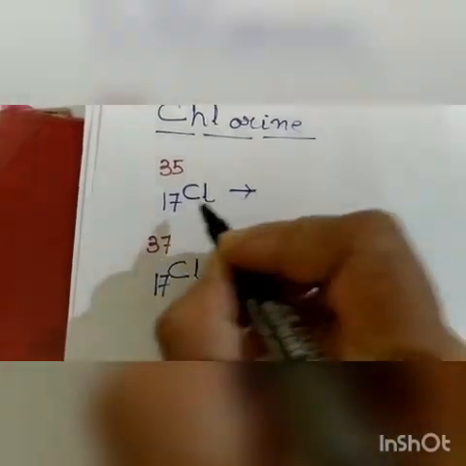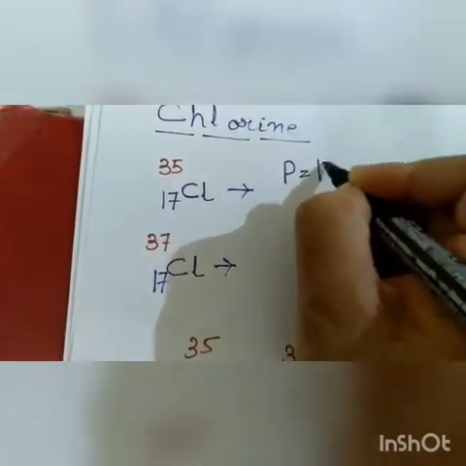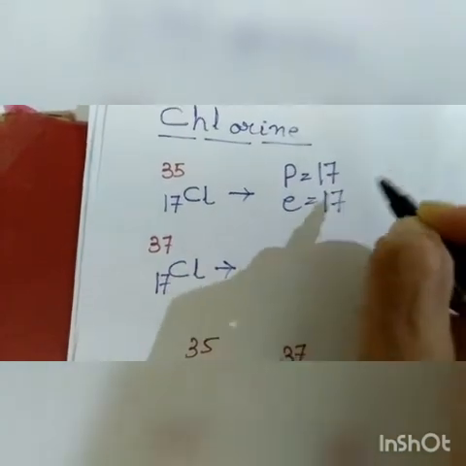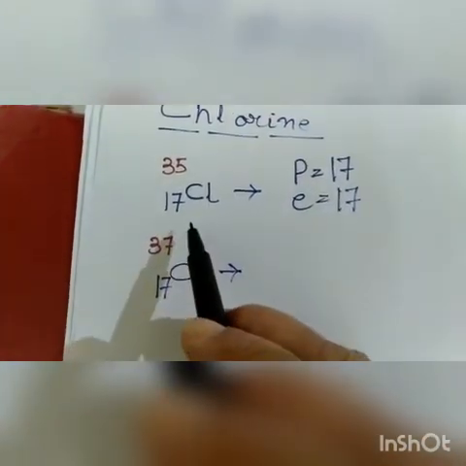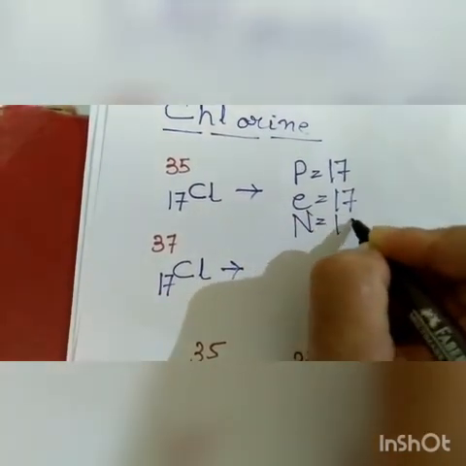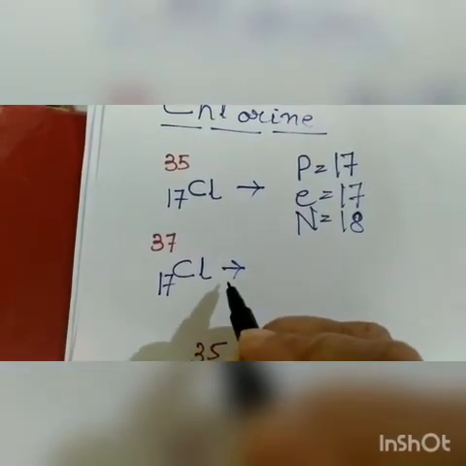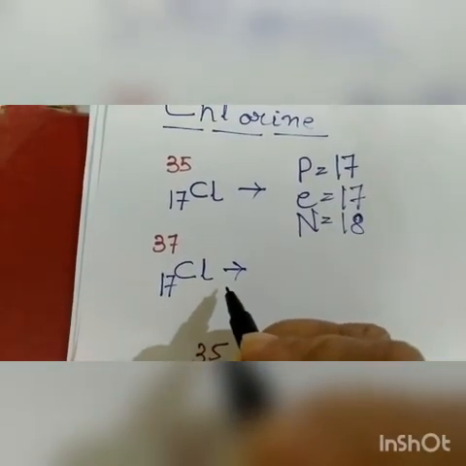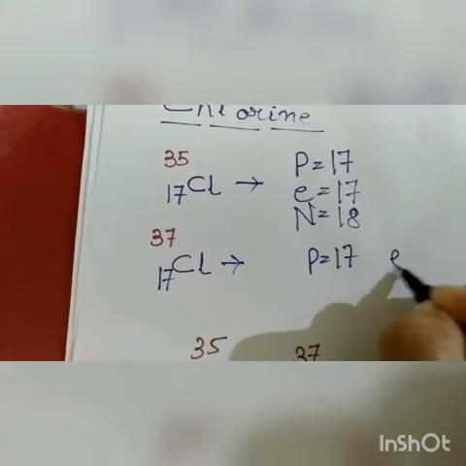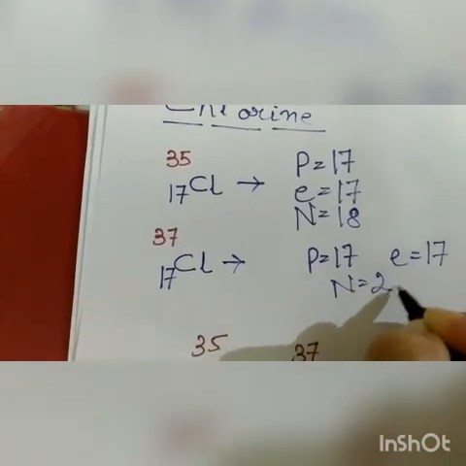In this case, the number of protons is 17, electrons are also 17, because it is a neutral atom, and the neutrons are 18. For this isotope, protons are 17, electrons are 17, neutrons are 20.